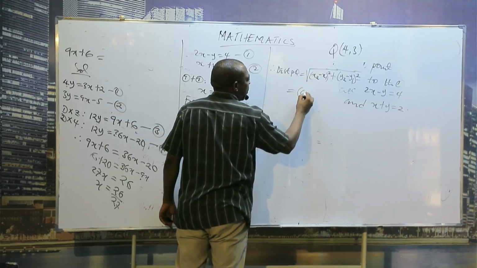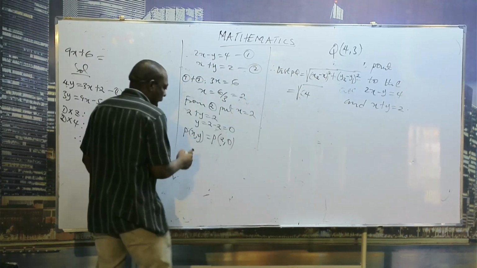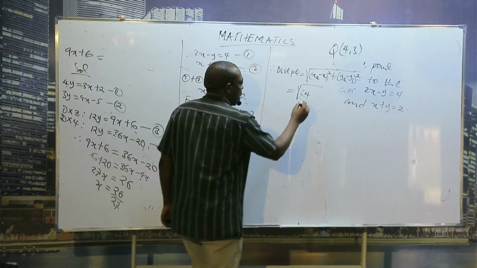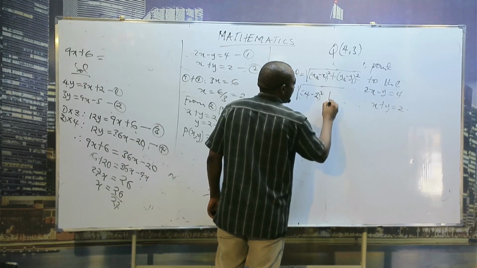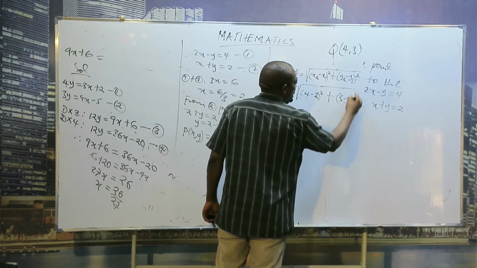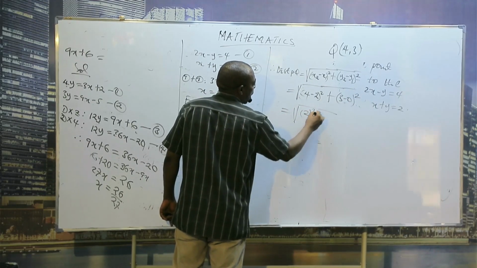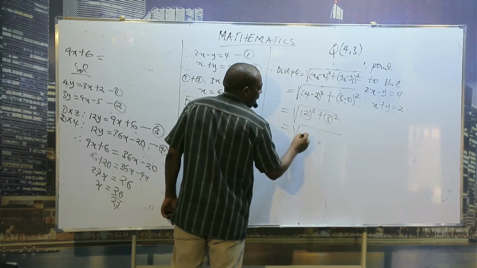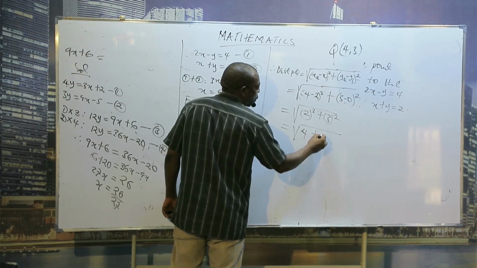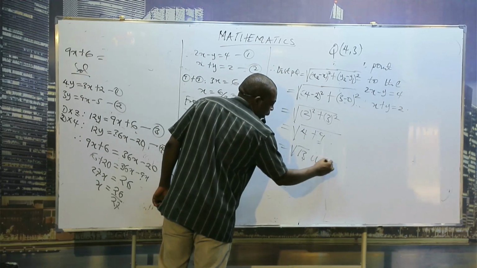Let me take x2 to be 4, and x1 is 2. So, 4 minus 2 all squared plus 3 minus 0, which is 3, all squared. What is 2 squared? Which is the square root of 13.